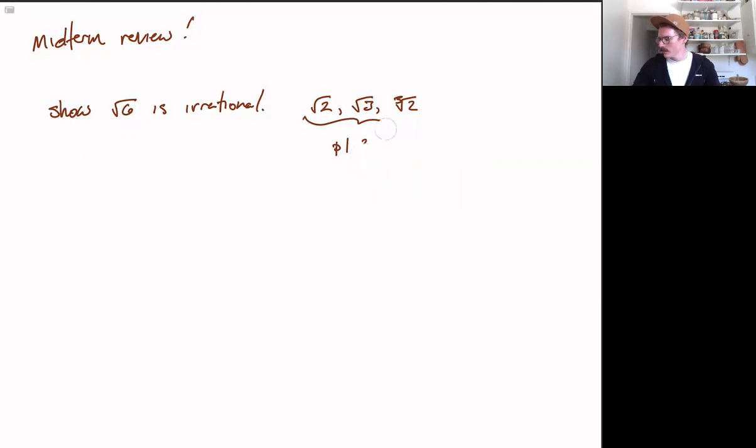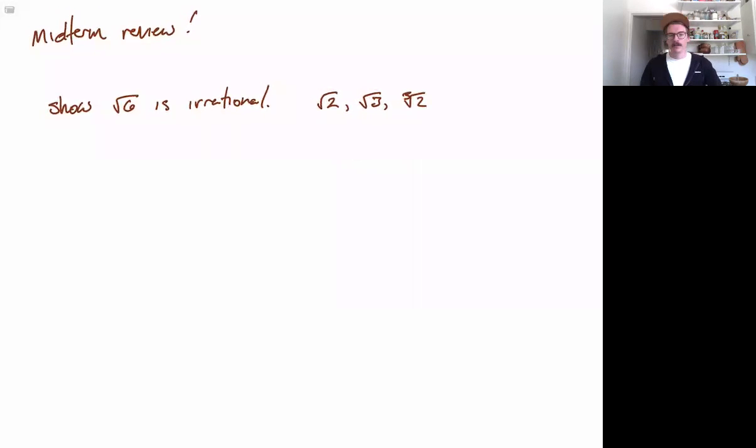So now, it's not quite as clear if the same thing is going to work, because 6 is not a prime. But the idea that I want to emphasize with this example is that even if you don't know how a proof is going to go, it's a good idea to start going through it and see where you get hung up and see if you can fix these problems.